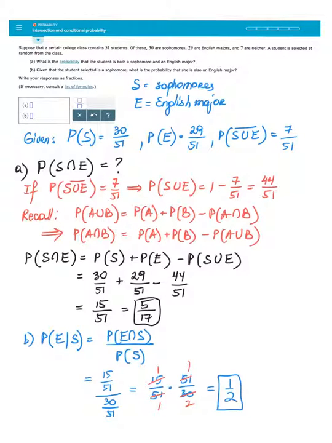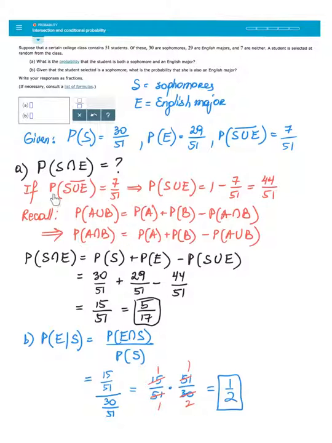Part A is asking to find the probability of randomly selecting a student who is a sophomore and is majoring in English. So we have to look for the intersection of these two events. Please notice that if we know the probability of randomly selecting not a sophomore or English major, we can find the probability of selecting a sophomore or English major by using a complement rule.